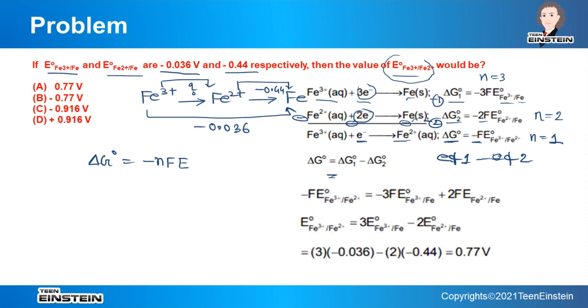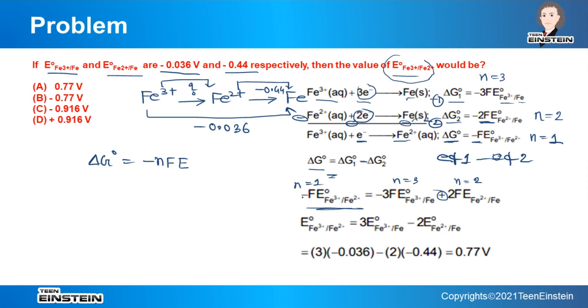So the next calculation will be, in the left hand side we will write minus F because here N is 1, here N is 3, here N is 2. Now this negative sign and the negative sign of 2F E naught will be cancelled, so it will be ultimately positive.